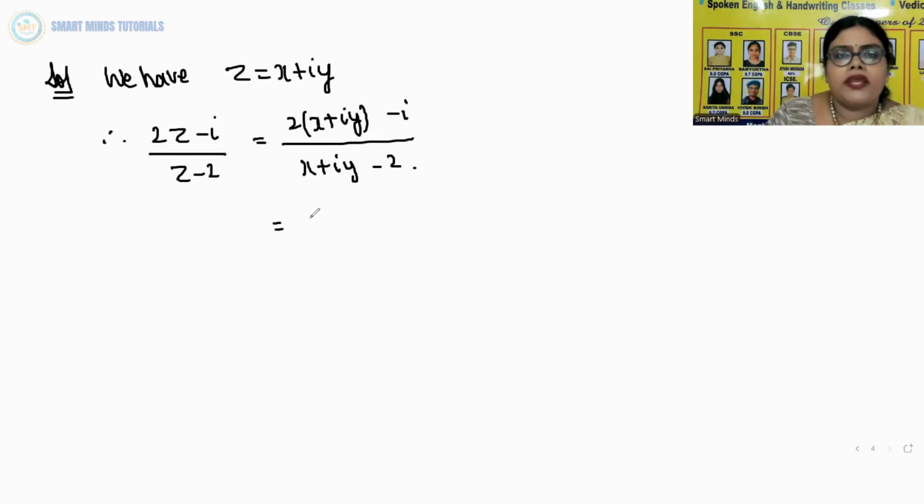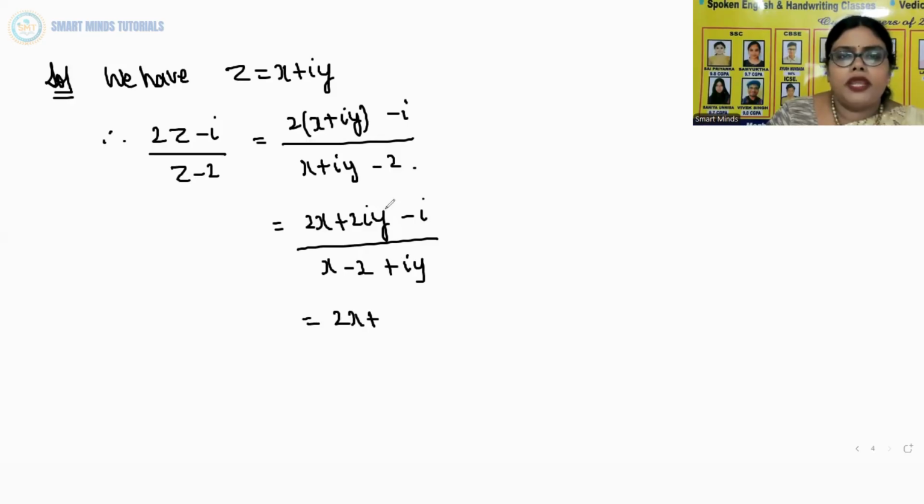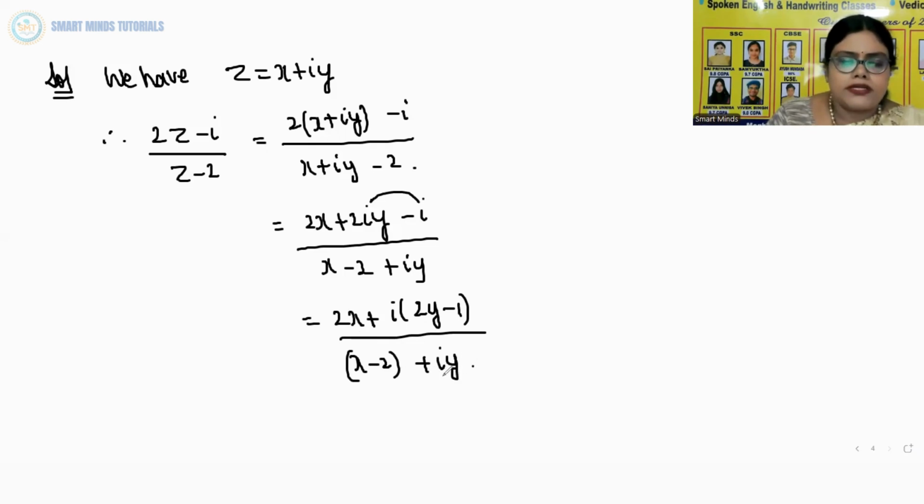If you open the brackets, you will get 2x plus 2iy minus i by x minus 2 plus iy. Now here 2x plus i, if you take common from these two terms, we will get 2y minus 1 by, in the denominator also we are separating real and imaginary parts.